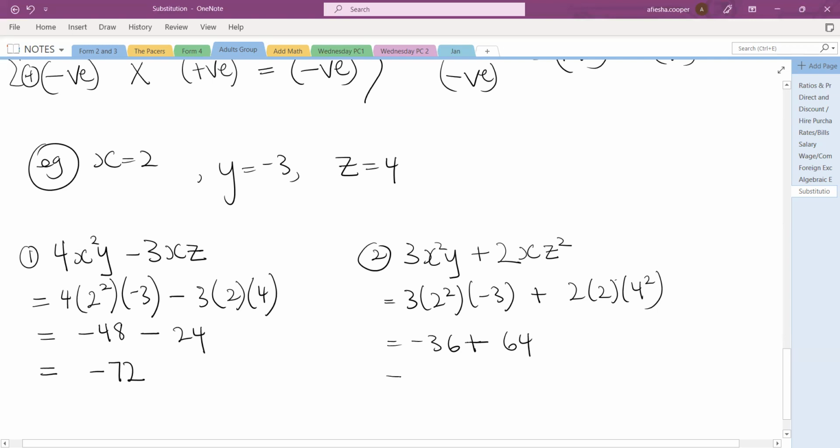And we're back to addition and subtraction, which says when the signs are different, we subtract and keep the sign of the larger number, or we can say -36 and 64 in our calculator, which will give us +28.